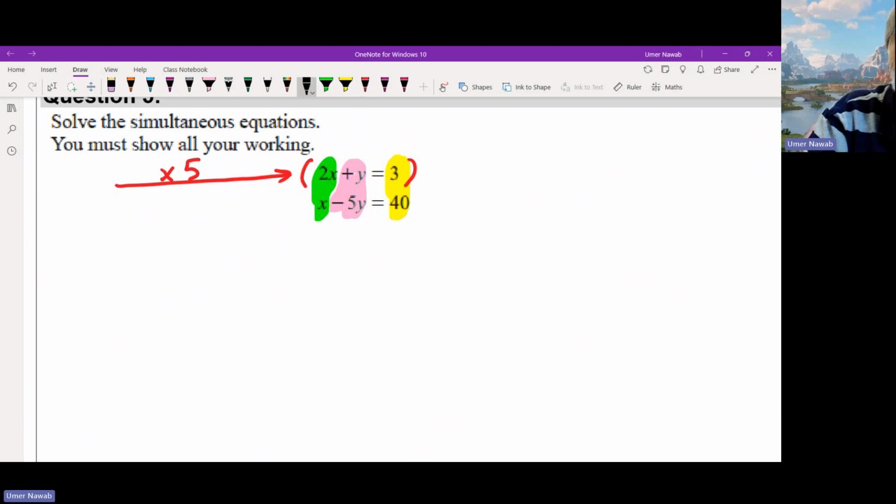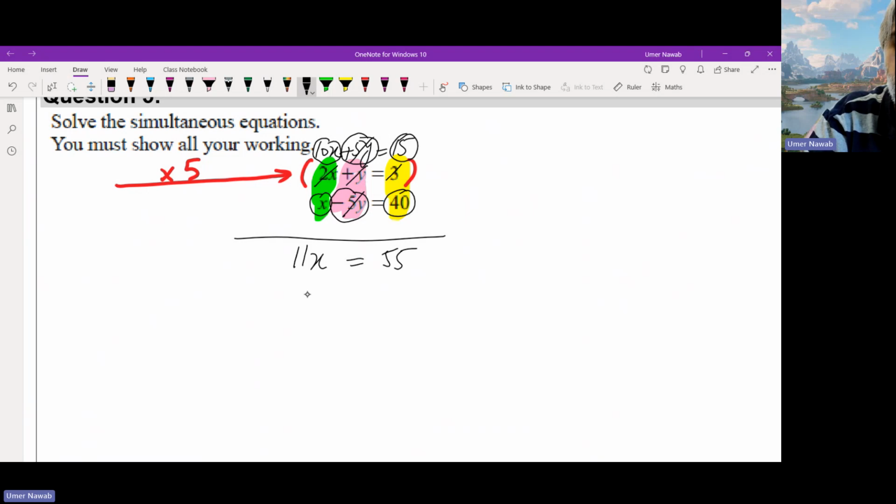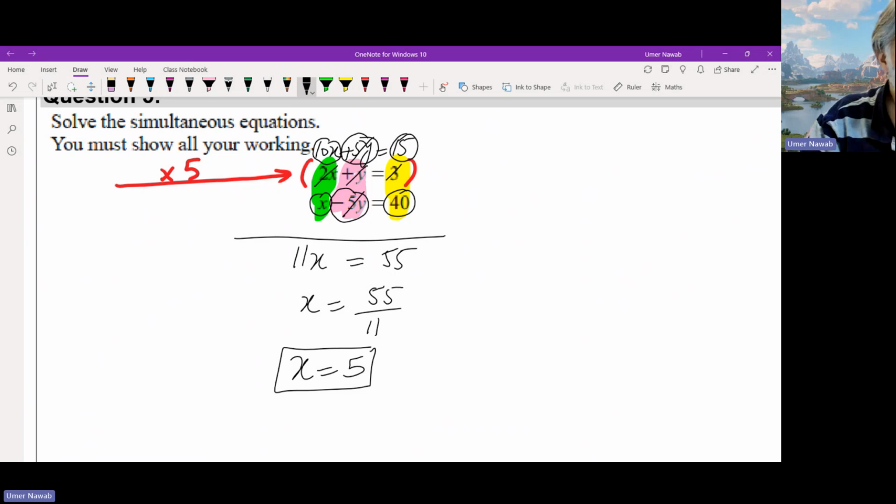When I do this, 2x changes to 10x, y changes to 5y, and 3 changes to 15. Now check it out. 5y and negative 5y will be cancelled. 10x plus x is 11x. 15 plus 40 is 55. So x is equals to 55 over 11. That gives you x is equals to 5.